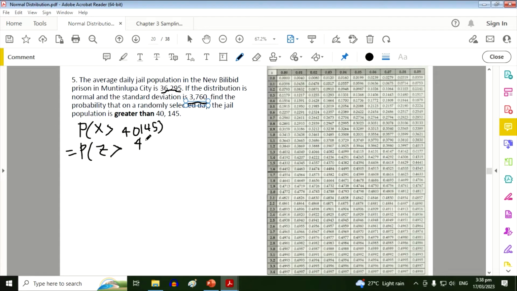So 40,145 minus the mean, which is 36,295, divided by the standard deviation of 3,760. So use your calculator.